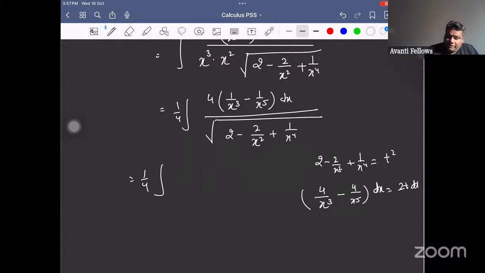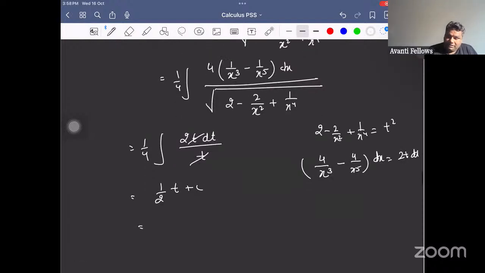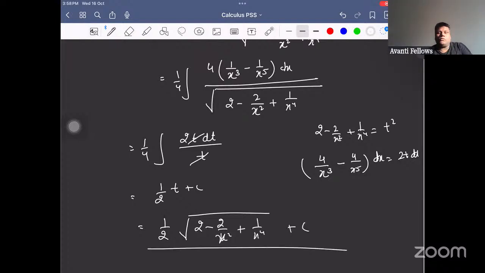Now the entire numerator is 2t dt upon t. This t, t cancel. So it is 1 by 2 t plus constant. So 1 by 2 under root of 2 minus 2 by x square plus 1 upon x to the power 4 plus constant. Very good question. Got it?